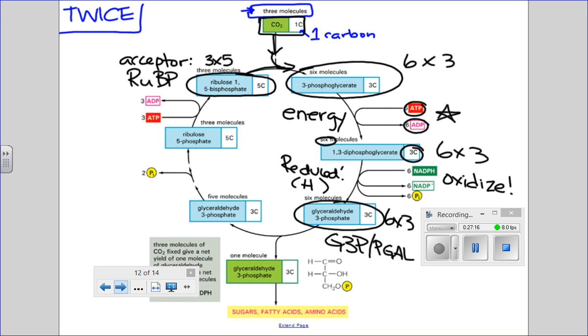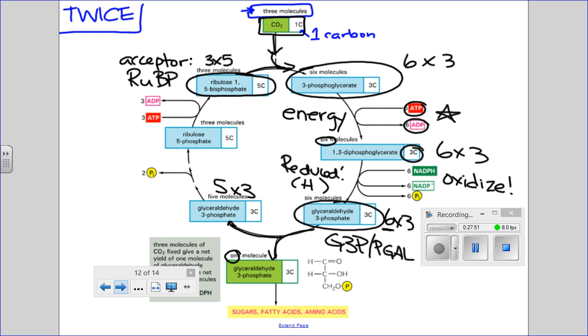But that name is important because that's the molecule that's actually going to leave. So if you look over here, there were 6 of them. Each of them had 3 carbons. Now the next step is that one of those molecules of that same substance, G3P, glyceraldehyde 3-phosphate, leaves. And the other 5 remain.